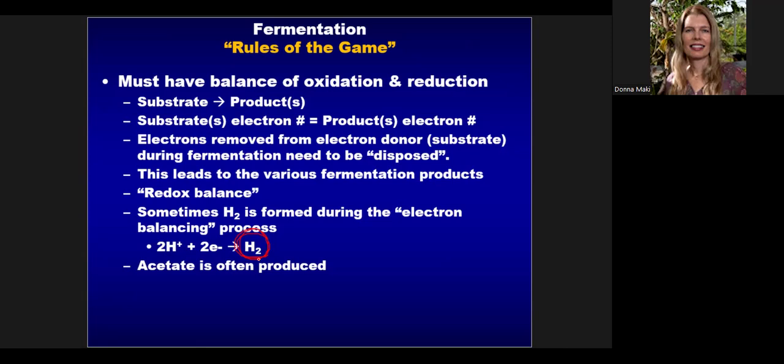And so the creation of H2 is actually a good thing for a lot of the neighboring microbes that love H2, because H2 loves to give off electrons. So the hydrogen gas can be very handy for other microbes. So all of this is really, if you follow the rule, do that redox balance, and then you look at what's the payoff, it's ATP production.